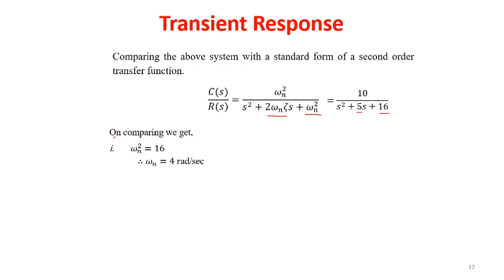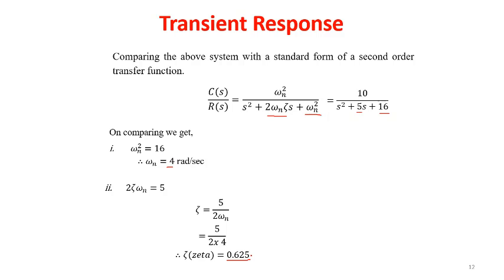Therefore omega n is equal to 4 radians per second. Similarly, 2 zeta omega n equal to 5, hence zeta is equal to 5 divided by 2 omega n. Omega n, just now we got, natural frequency, is 4 radians per second. Substituting 5 divided by 2 into 4, the damping ratio zeta is equal to 0.625.